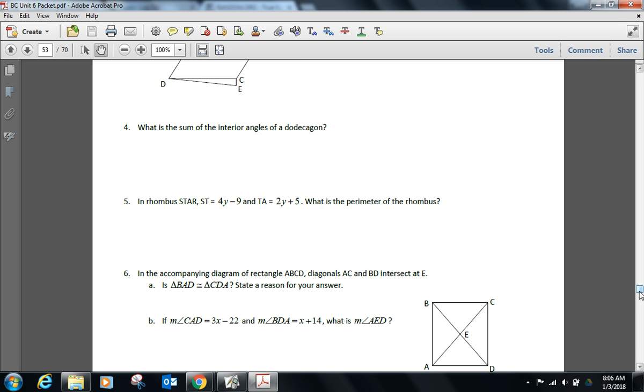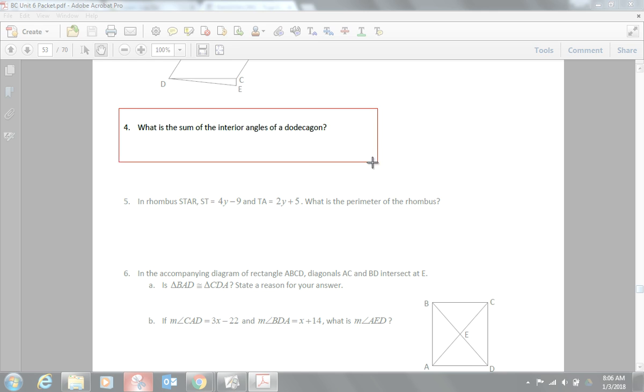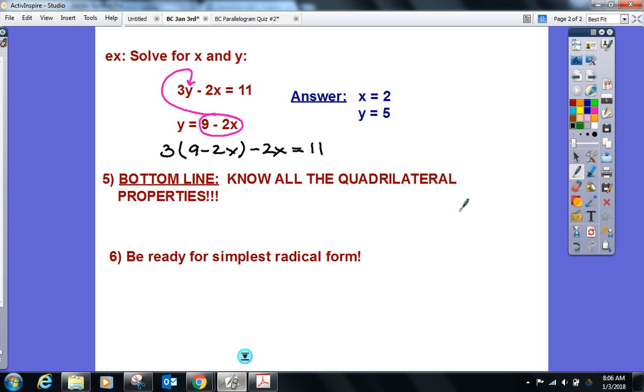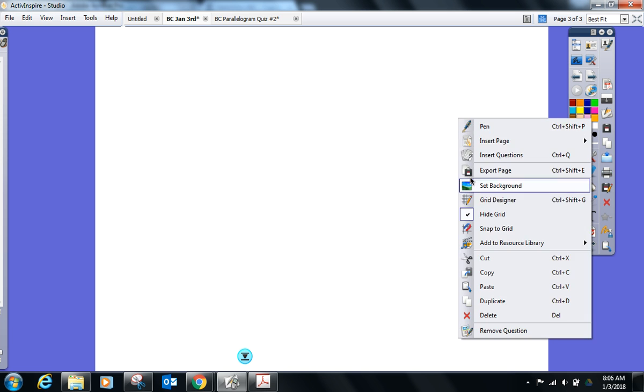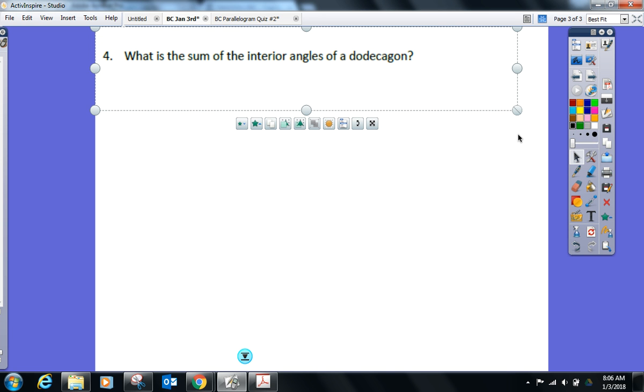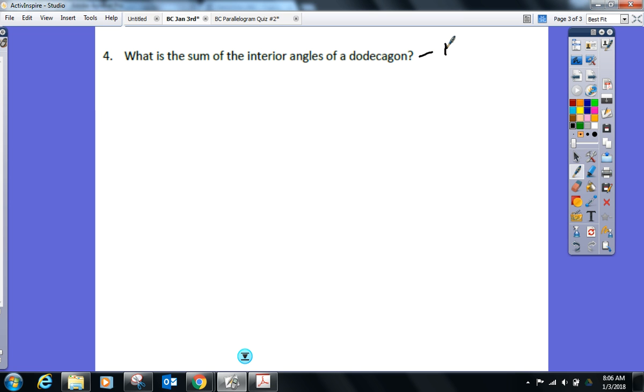Oh, nice. Haven't done this in a while. Okay, what's the sum of the interior angles of a dodecagon? Better know our dodecagon. How many sides are we talking about? Anybody remember? 12 sides.